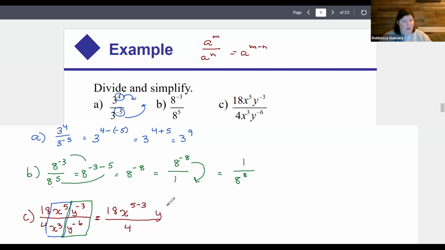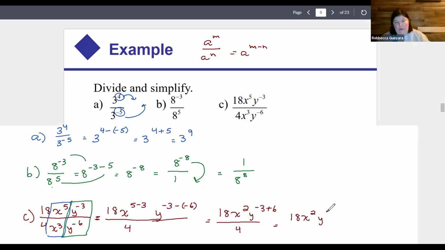So y on top, negative 3rd, and then we're subtracting the negative 6. So we have 18x to the 2nd power, and then we have negative 3 minus negative 6. So that's y to the negative 3 plus 6 technically. So that's 18x squared y to the 3rd over 4.